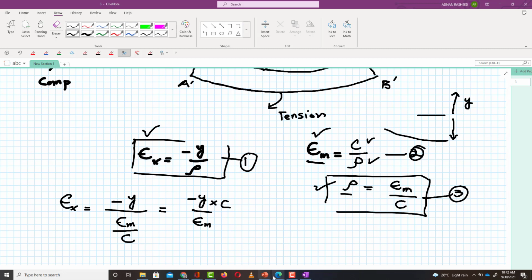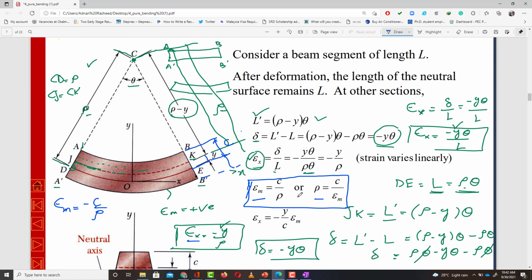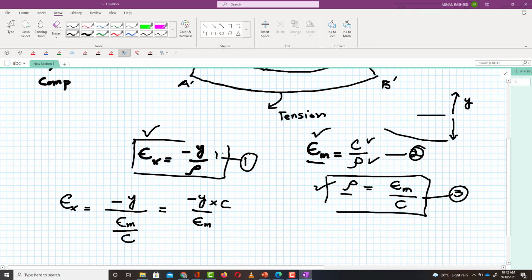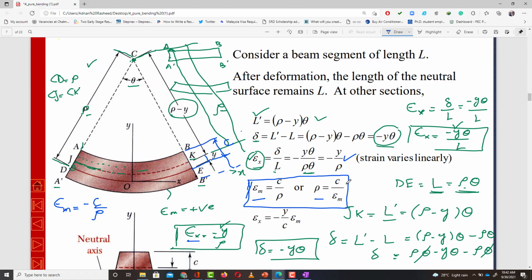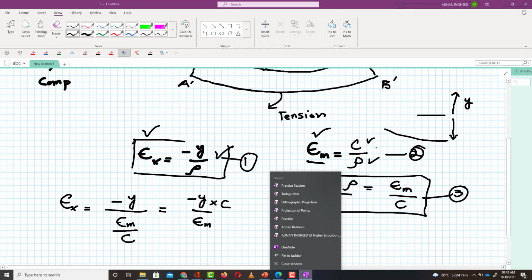I think there is a confusion over here. Let me check it. We made a mistake in the equations. Epsilon x is equal to minus y over rho. This is clear. Epsilon m is equal to c over rho. This is also clear.